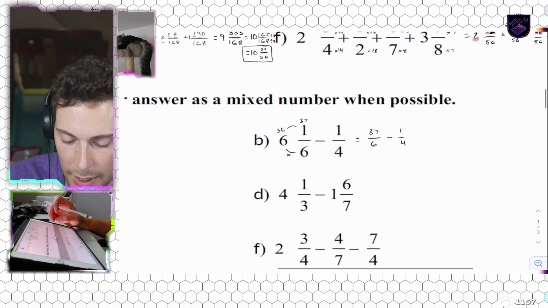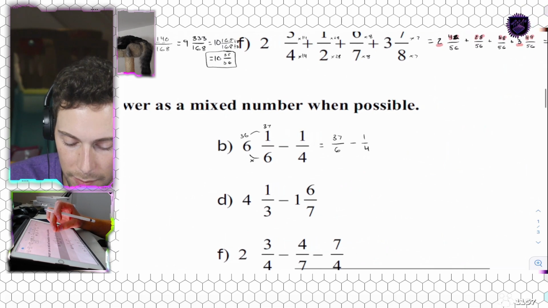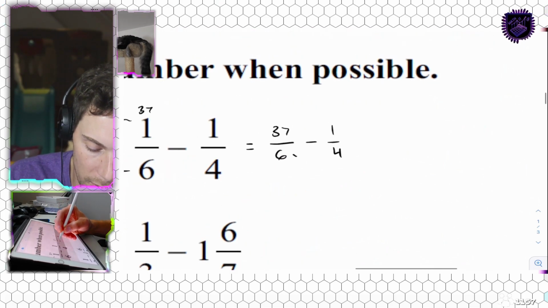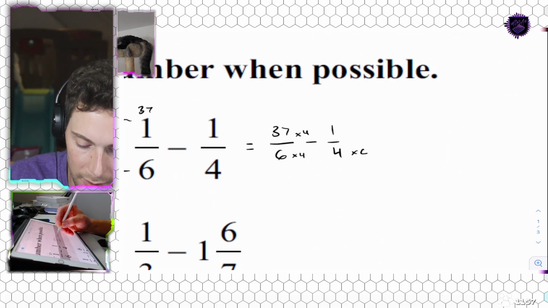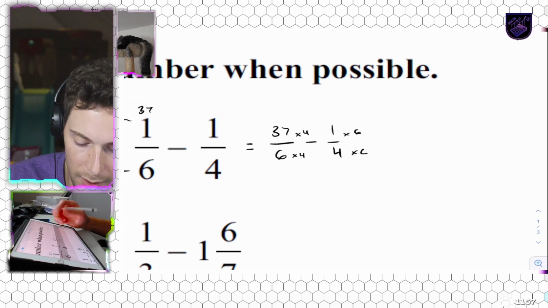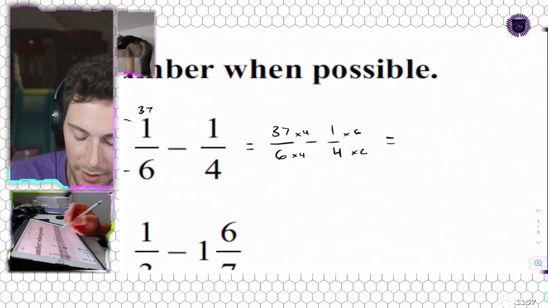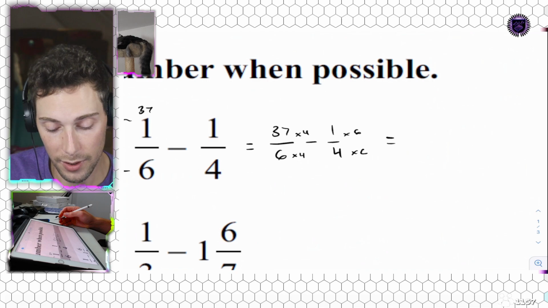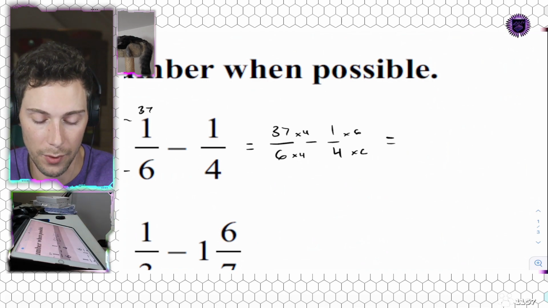You know, I probably don't need to do the whole group, but I'm going to. So let's go times 4, times 4, times 6, times 6, which will equal 37 times 4. So 30 times 4 is going to be 120 plus 7 times 4, which is 28.